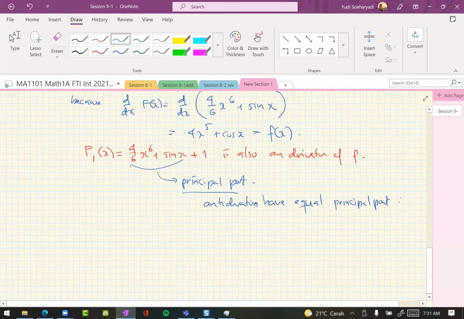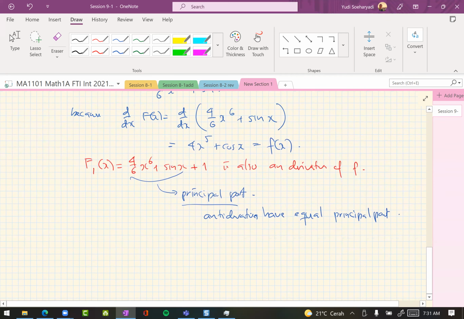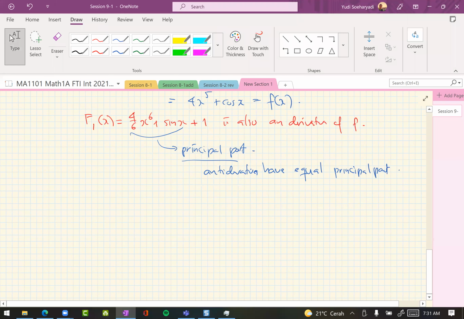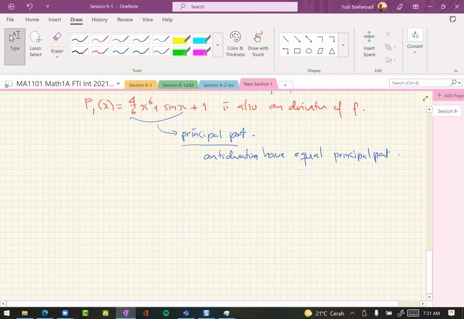So the difference is just constants. And let's see what else. Questions?